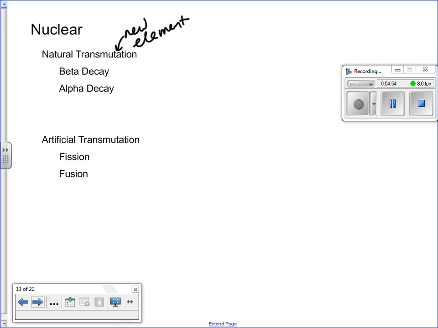Natural transmutation only has one reactant, and goes into 2 or more products. Okay, it completely changes. Artificial transmutation has a plus sign on the left side, more than one reactant, and ends up with probably more than one product as well.